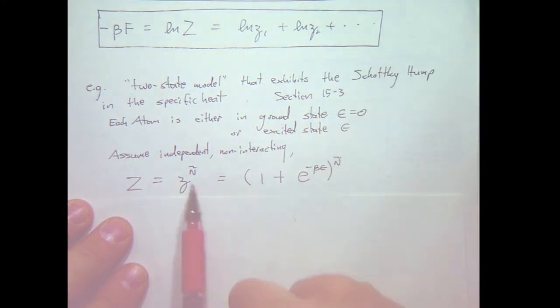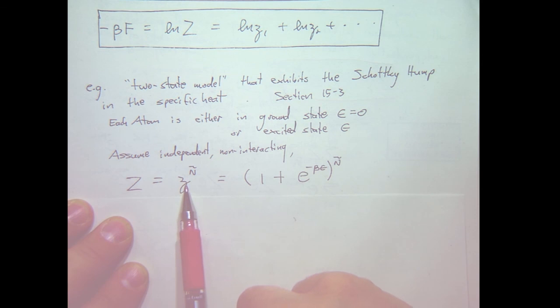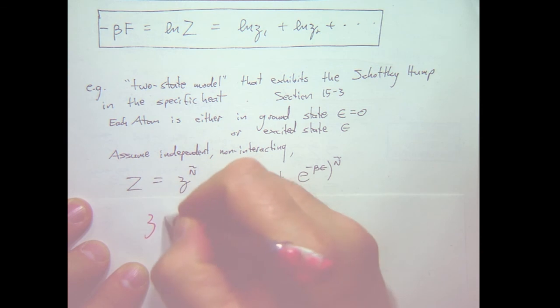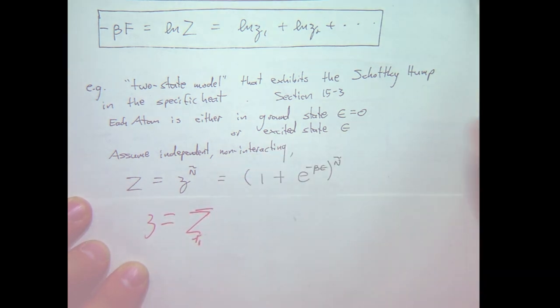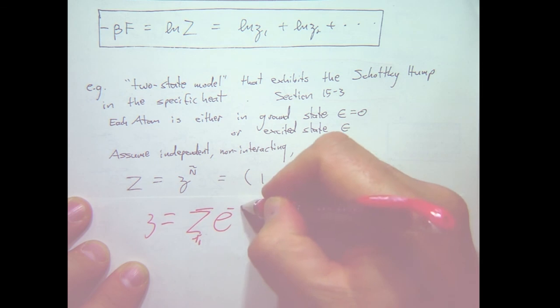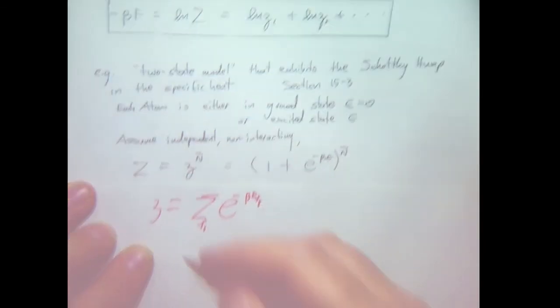Then if you have an N particle system, the many body partition function factorizes into the product of the single particle partition functions. And what's the single particle partition function? It's the sum over r1 of e to the minus beta E(r1).